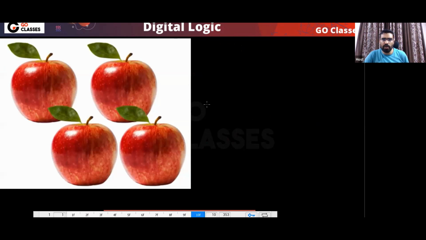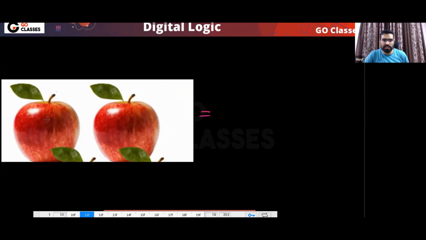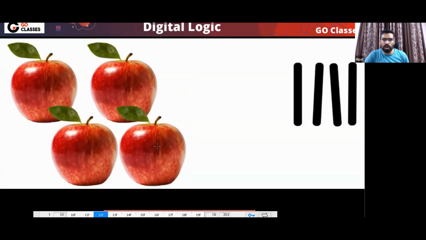Now, for example, how will they count this? To count this, they will write like this. So number system means how to count. If you have 4 apples, then they will count like this. So remember, what is a number system? If anyone asks you, number system is a system of counting things, how to count things.